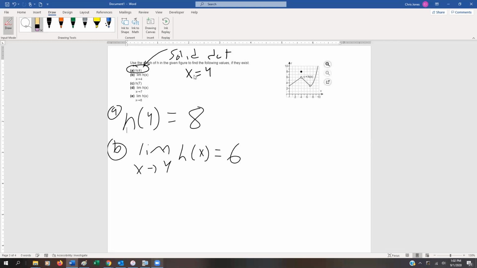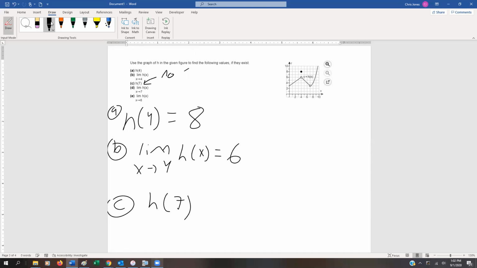Right? So another example, part C. We have h at 7, and we look at 7, and there's no solid dot. So since there's no solid dot there, we say DNE, and in mathematics when we see DNE, that just means does not exist.